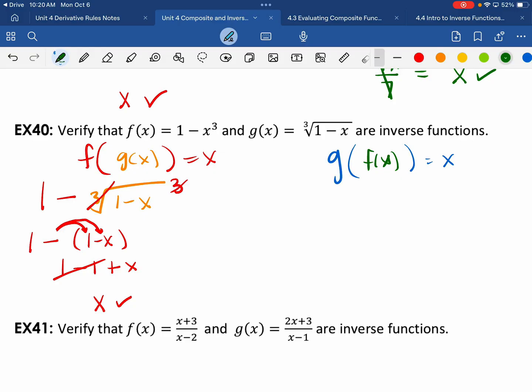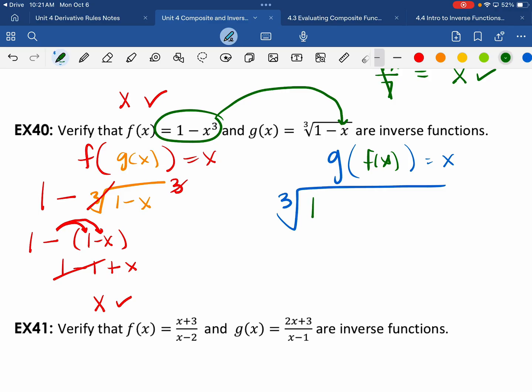All right, so now you're going to take f and plug it into g. So I have the cube root on the outside, 1 minus, and then in parentheses 1 minus x cubed, because we are subtracting all of f.